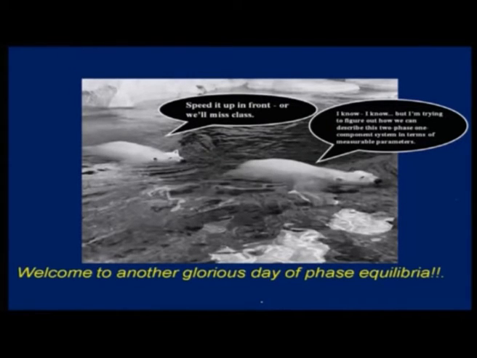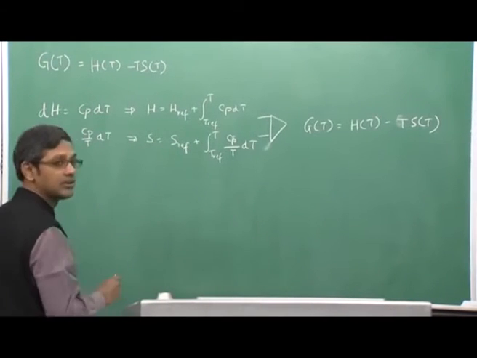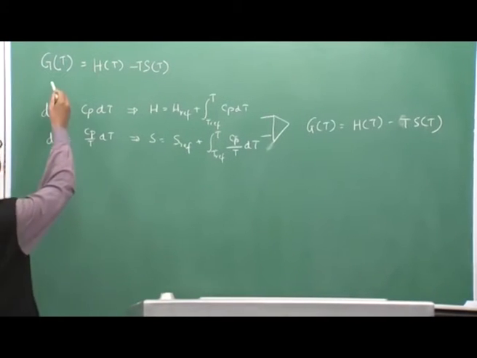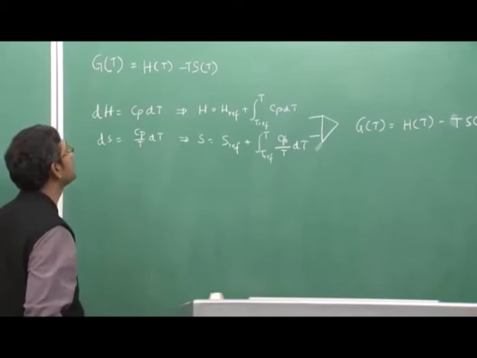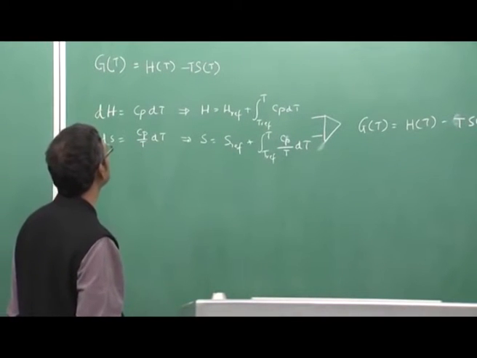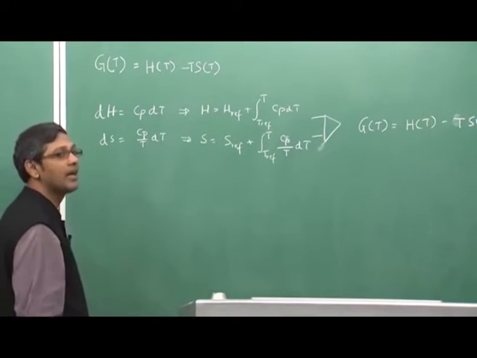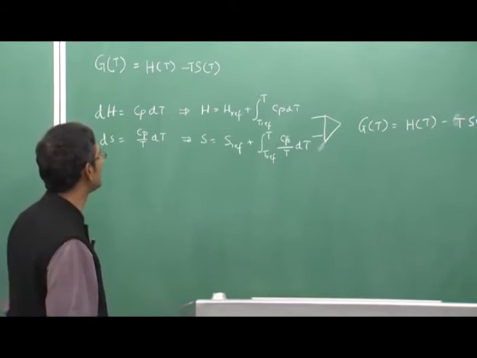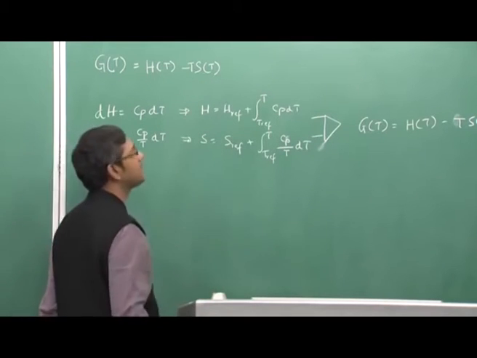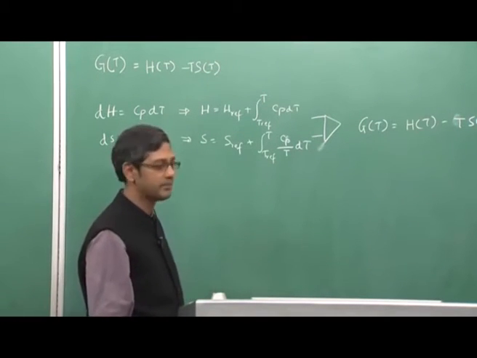To do that we first have to get back to the free energy expression, the expression I have written at the top. Free energy here is the Gibbs free energy, defined as G(T) = H(T) - T S(T), where H is the enthalpy or the heat content, and S is the entropy of the system.